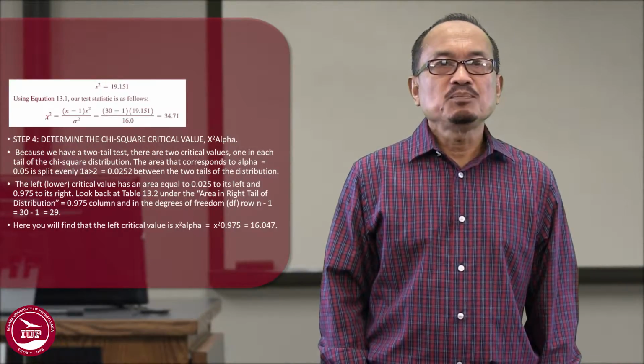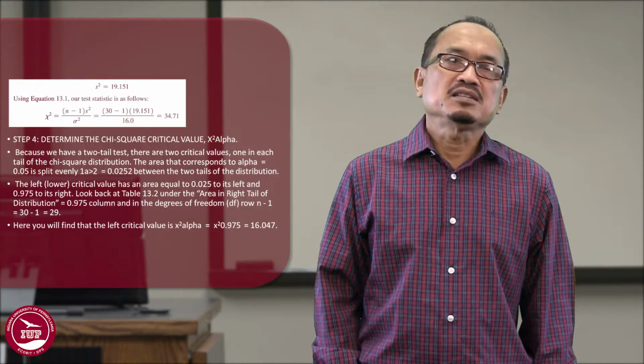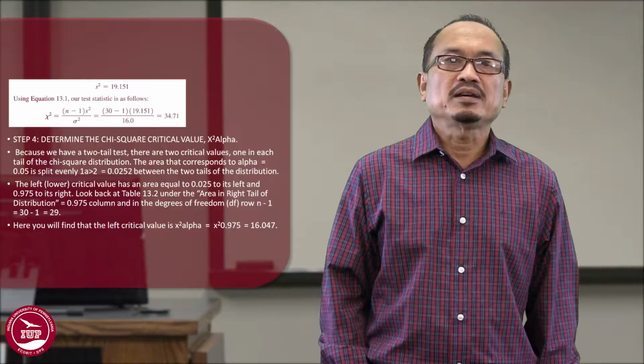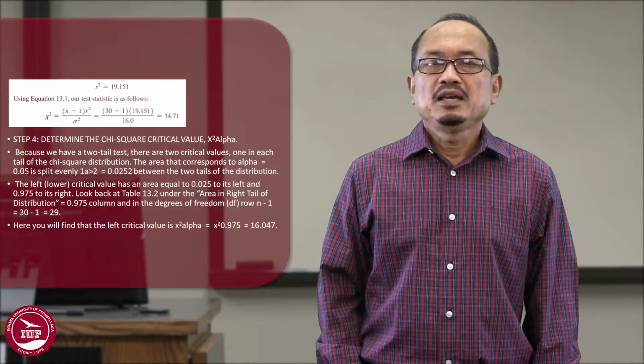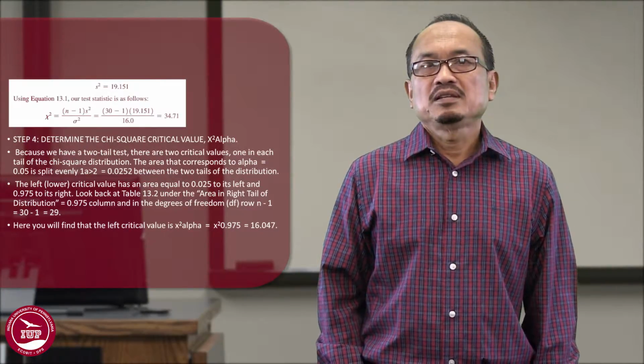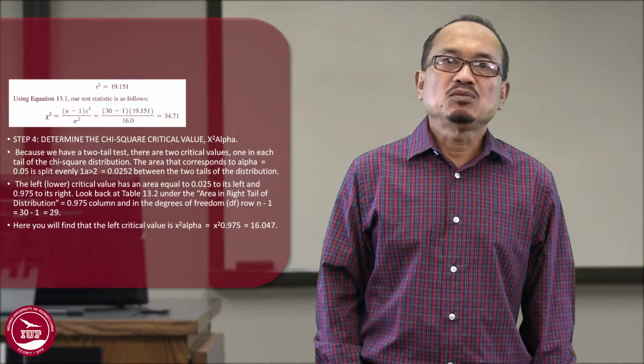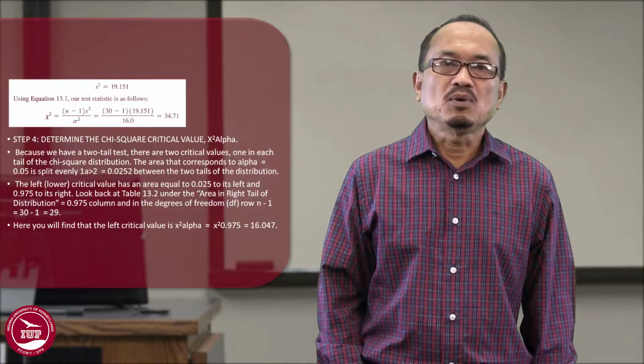Using equation 13.1, our test statistic is X squared equal to n minus 1 times S squared divided by sigma squared, equal to 30 minus 1 times 19.151 divided by 16, equal to 34.71.